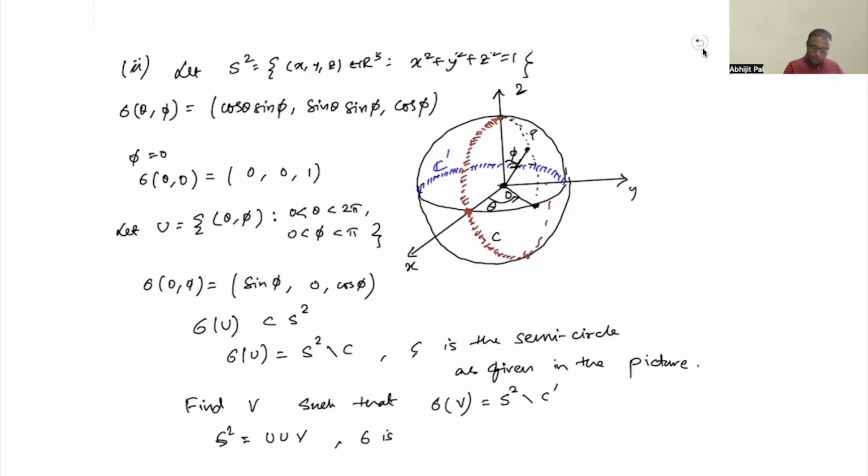Sigma is differentiable. Sigma is a homeomorphism onto its image.